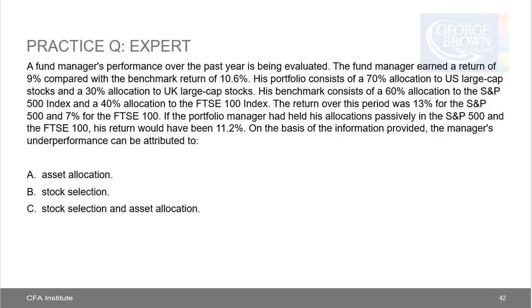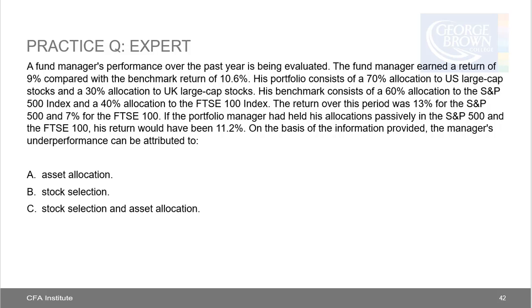So the question is, a fund manager's performance over the past year is being evaluated. The fund manager earned a return of 9% compared with the benchmark return of 10.6%. His portfolio consists of 70% allocation to U.S. large cap stocks, 30% allocation to UK large cap stocks. His benchmark consists of 60% allocation to the S&P 500, 40% allocation to the FTSE 100.